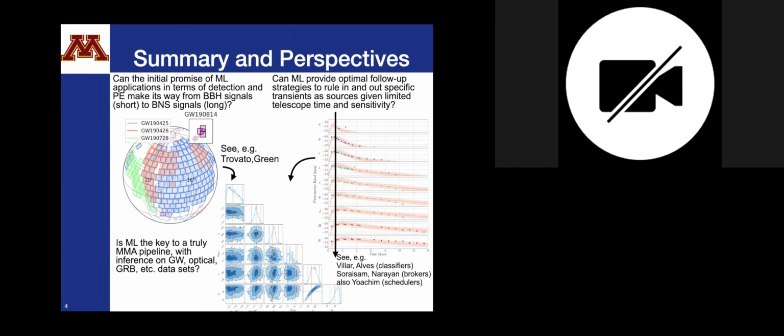But the holy grail of this is to do joint inference to, for example, measure the equation of state of neutron stars using both the gravitational waves and optical data. And so can we use machine learning to basically make the inference fast enough to make this possible? Because right now, it's all done separately.